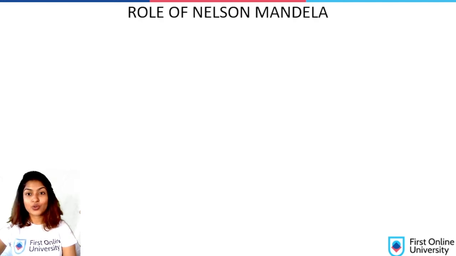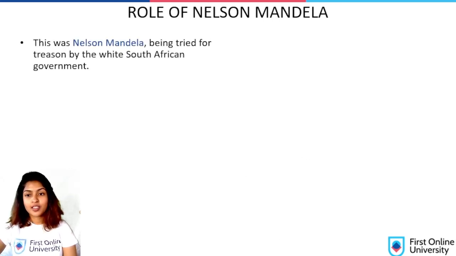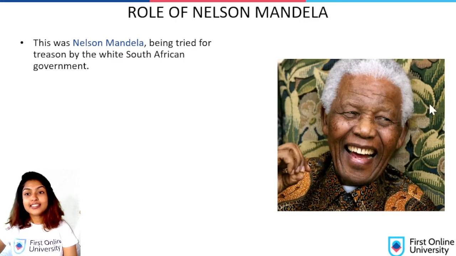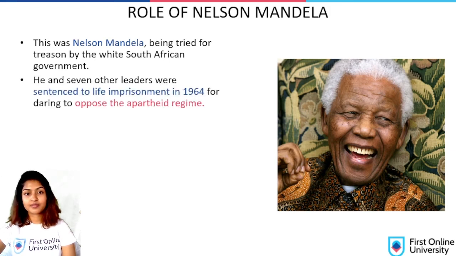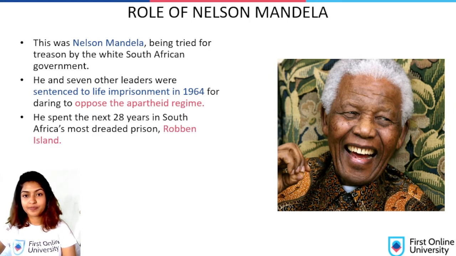So let's see the role of Nelson Mandela. Who is he and what kind of role did he play in removing this regime? This was Nelson Mandela being tried for treason by the white South African government. He and 7 other leaders were sentenced to life imprisonment in 1964 for daring to oppose the regime.